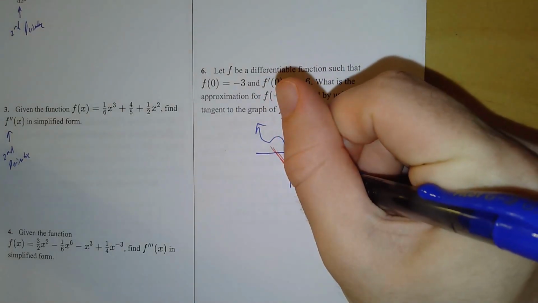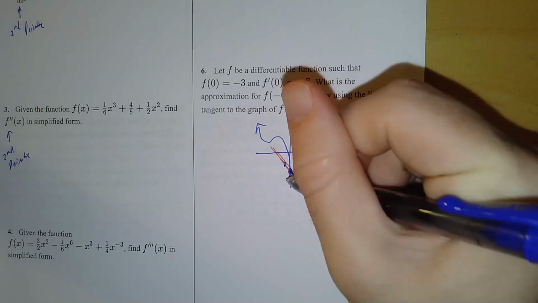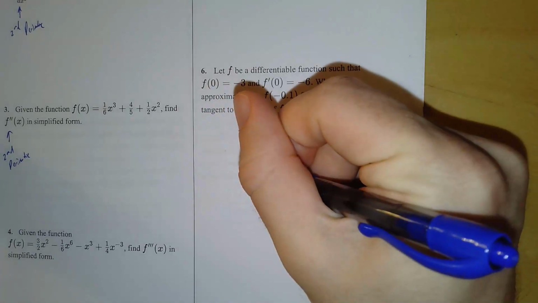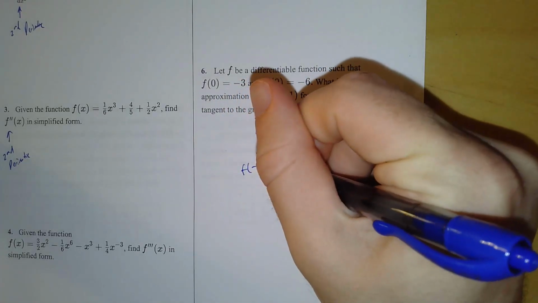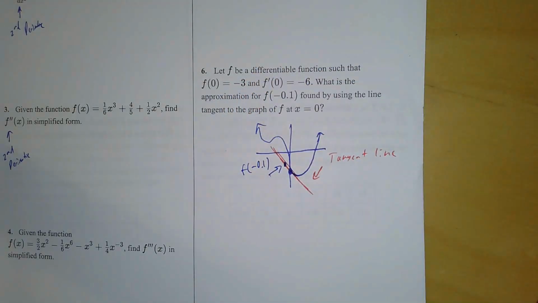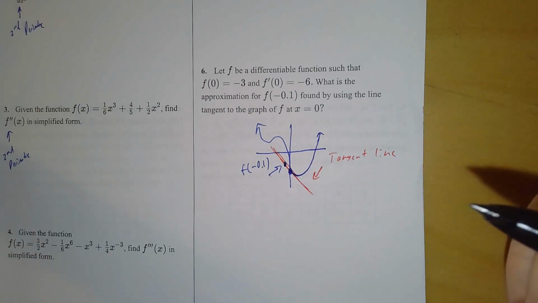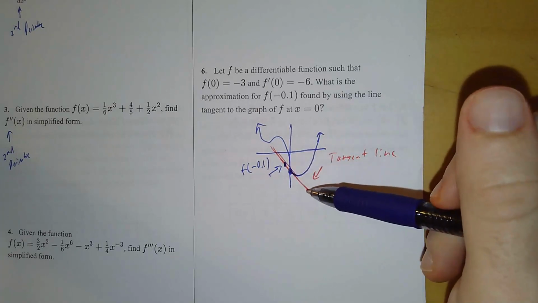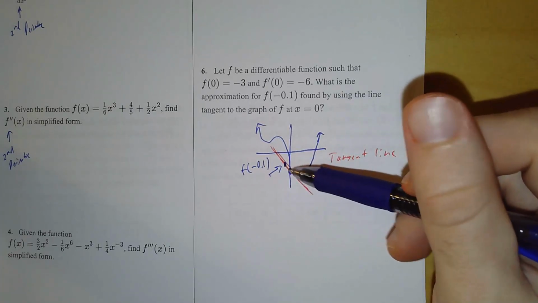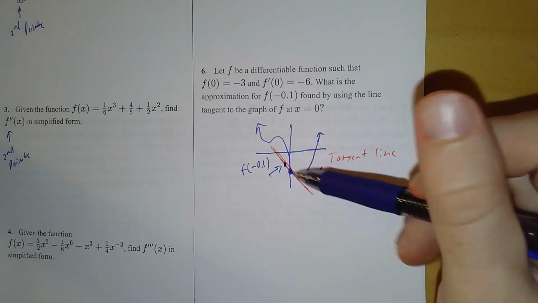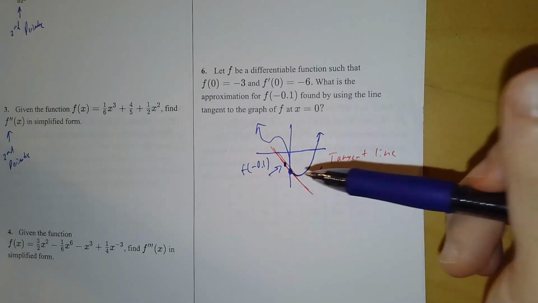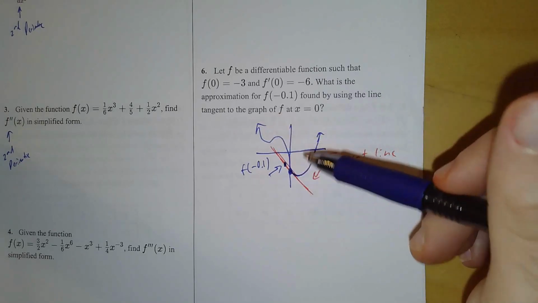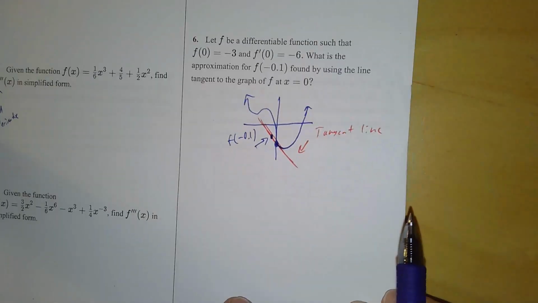I'm kind of zooming in here a bit, but you're finding the value here, which would be f of negative 0.1. This is local linearization, right? You have the tangent line, the equation of the tangent line, and you use that to estimate the value of a point that's nearby it. Why? Because you don't know this blue thing. You don't know what the function is. The function is unknown. And I'll show you some more practice problems, but here's how it works.